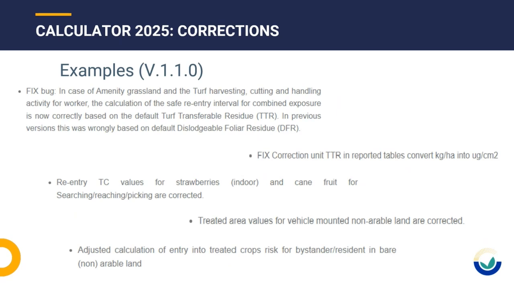Adjusted calculation of entry into treated crop risk for bystander and resident in bare non-arable land has been adjusted because in the previous version of the calculator, contact with crops was taken into account, while in the case of bare arable land, there is no crop at all. So it has been modified into contact with soil residues.